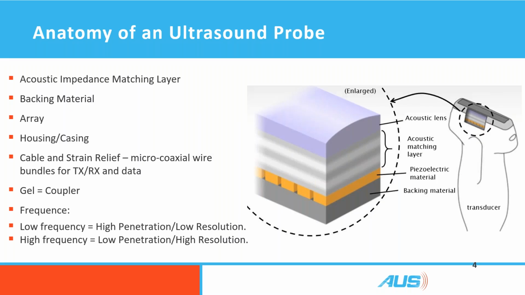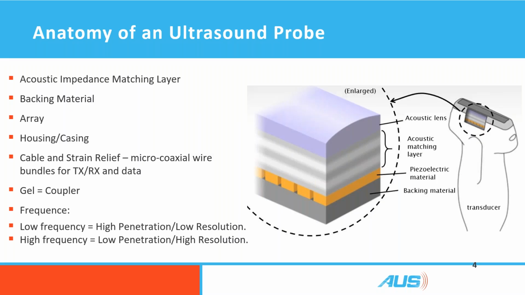We'll be able to see deeper into a patient with a low frequency probe, but our image quality is going to be reduced. The opposite is true. If you have a high frequency probe, you won't be able to penetrate very deep into the patient, but your image quality is going to be much better.